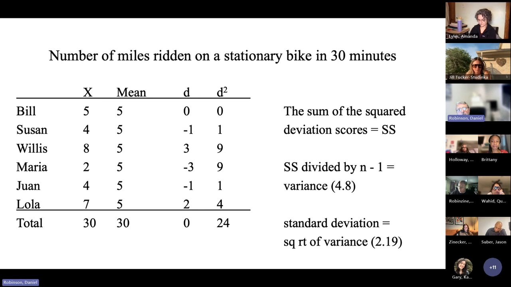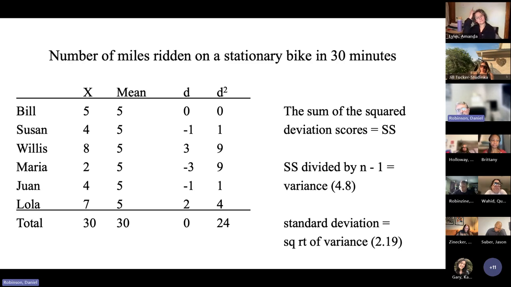So those difference scores could be negative and positive. And when you sum them up, they should all add to 0, which makes sense if you think about it. So I've got sum of X equals 30. The sum of the mean should also equal 30, and the sum of the difference scores should equal 0.